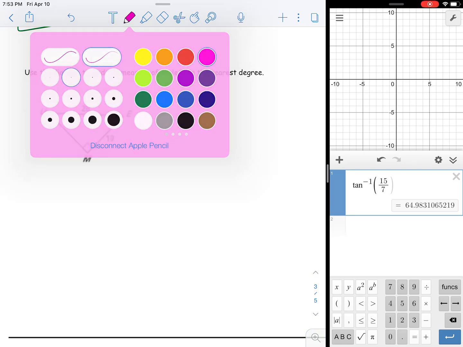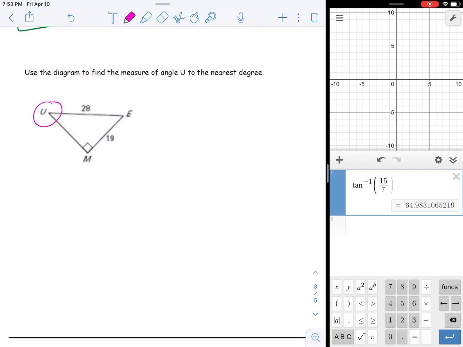Here's another example. We're going to find angle U. Here's angle U. In relation to angle U, this is the opposite, and this is the hypotenuse. So some old horse caught another horse, taking oats away. O and H, going to use sine. Sine of angle U equals opposite over hypotenuse.